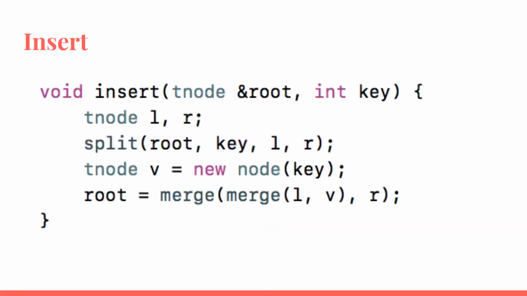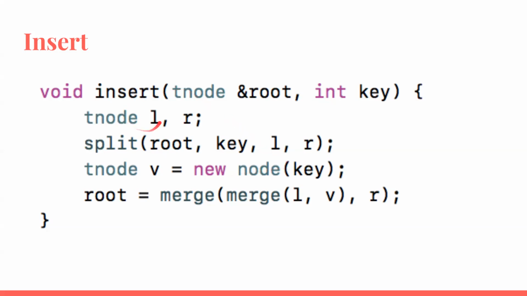Okay, let's continue. And insert. We are going to insert some vertex with some key. It's pretty similar to the previous one. We are going to split our tree into two parts, where in the first one, all the elements should be smaller than key, and in the right one, all the elements should be greater than key.